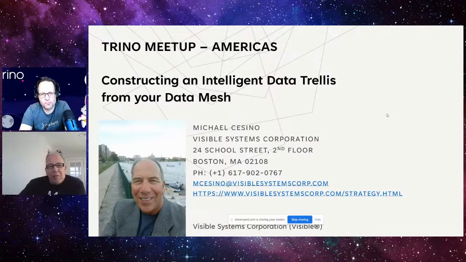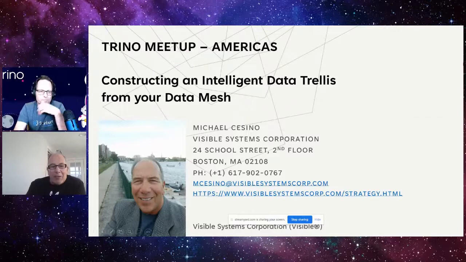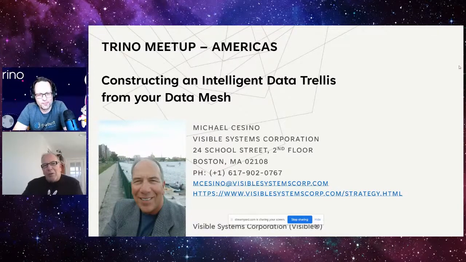As you can see, Visible Systems is located in Boston, and we are in fact a neighbor to Starburst. We met about 4 years ago. We were sharing the same cooperative office space. So it was nice to get involved with your initiative, Manfred, way back when you first started.